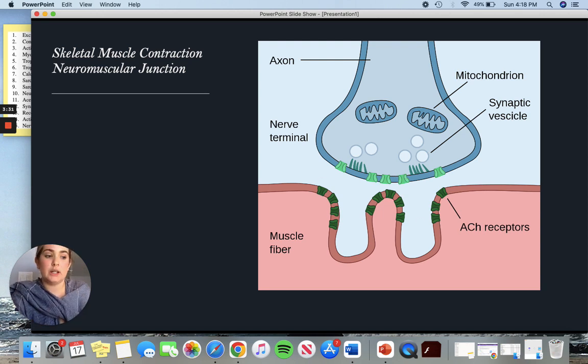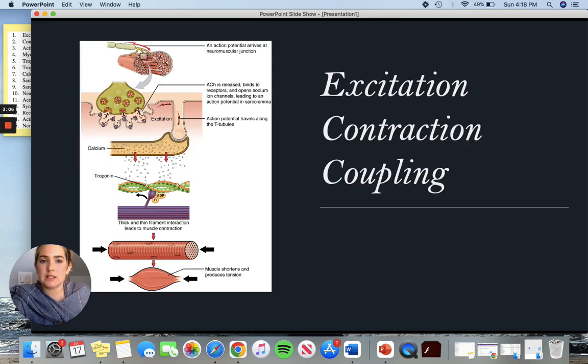A neurotransmitter is a chemical substance released from the motor end fiber, which is going to be whatever happens when these things touch, and the receptors help with that, which is the acetylcholine, fun word, which then starts the excitation-contraction coupling.